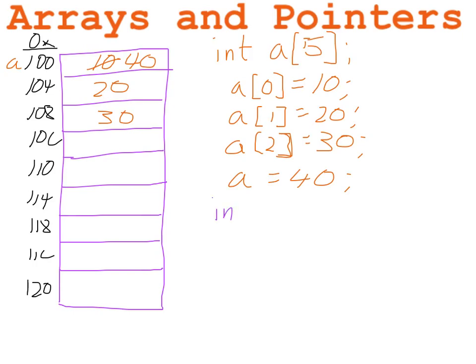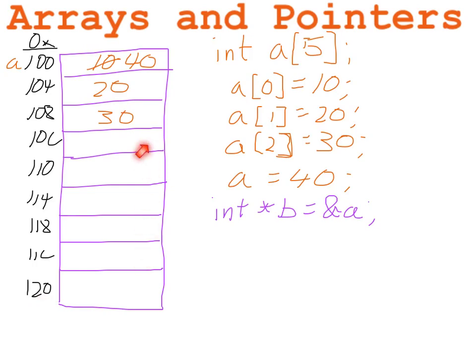Let's say we have an integer pointer B, and let's set that equal to the address of A. And let's just say that variable b, so our integer pointer b, gets placed down at address 100 here. I mean, it could be anywhere within our program, but let's just say it goes down here just to show that you could have gaps in between your variables.